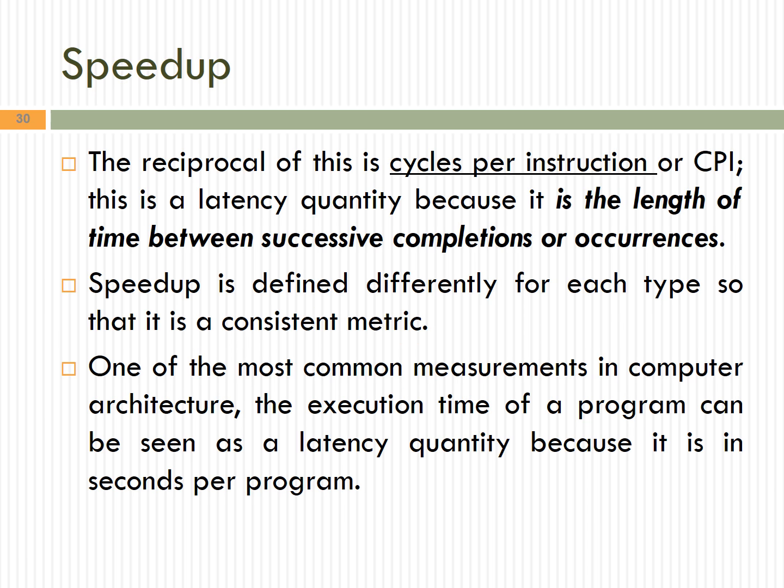The reciprocal of this is CPI. This is a latency quantity because it is the length of time between successive completions or occurrences. The speedup is defined differently for each type so that it is a consistent metric.